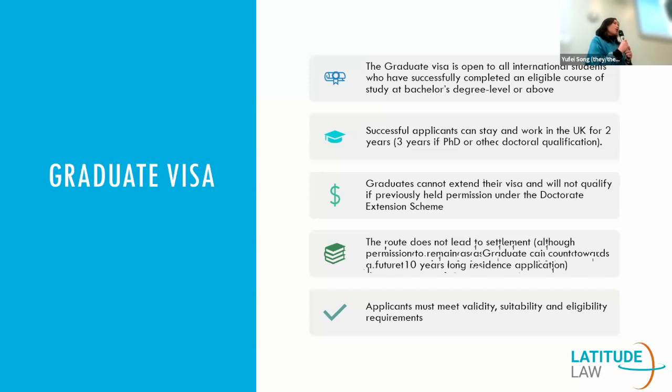However, if you do want to rely on your 10 years lawful residence in the UK to settle, then you can count the period you stayed in the UK as a graduate towards your 10 years lawful residence. And like most applications you make, you have to meet 3 parts of requirements, and they're divided into validity, suitability, and eligibility. I will walk you through them one by one.